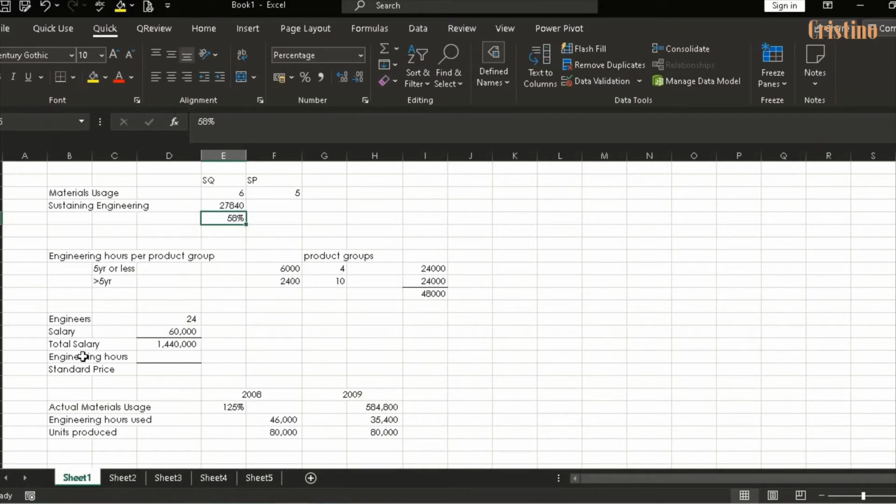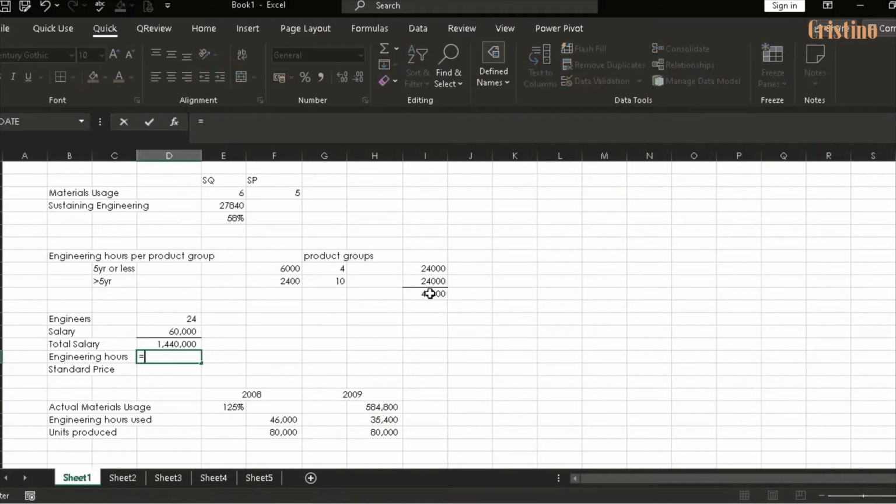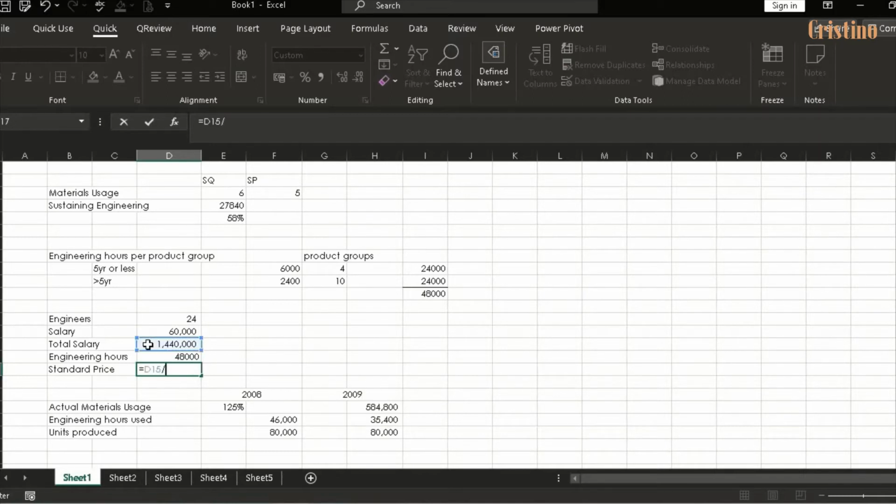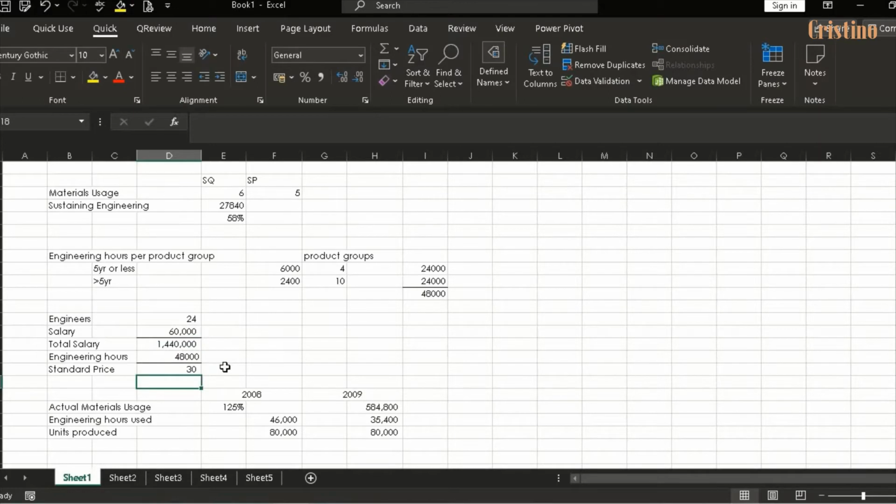We can get the total salary by multiplying the two figures, which gives us 1,440,000. By dividing the total salary by the total engineering hours, we get the standard price for sustaining engineering. That is 1,440,000 divided by 48,000, which gives us a standard price of $30 per hour.